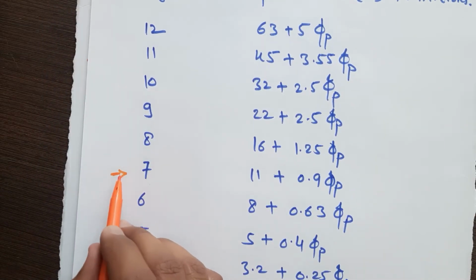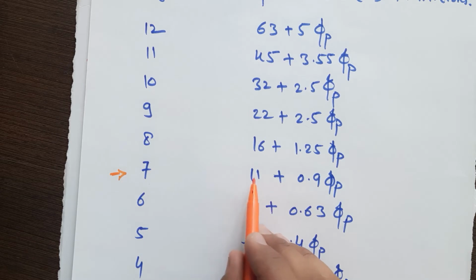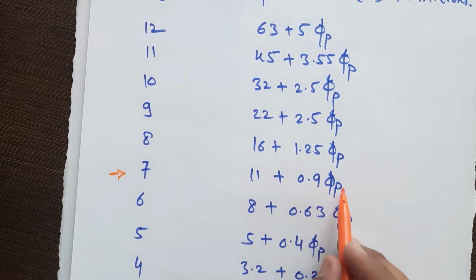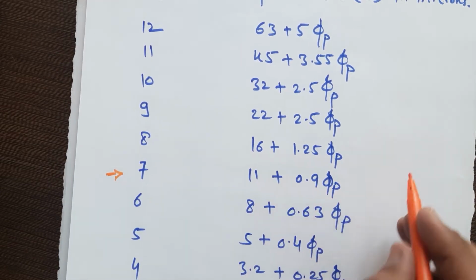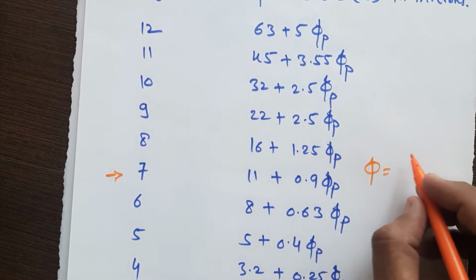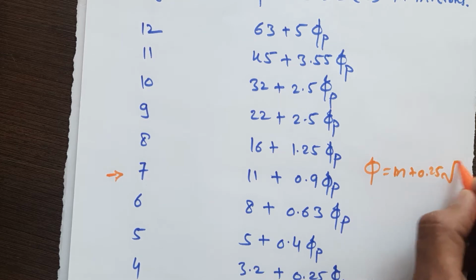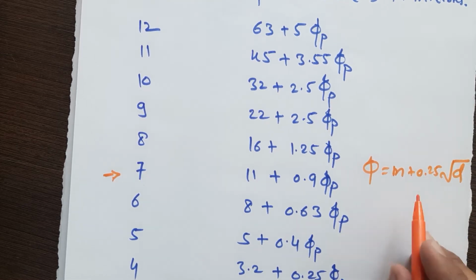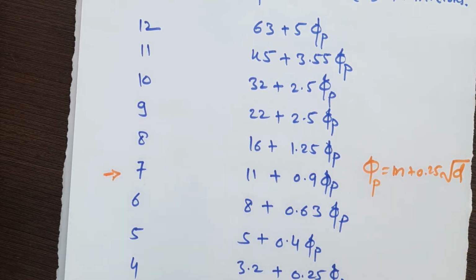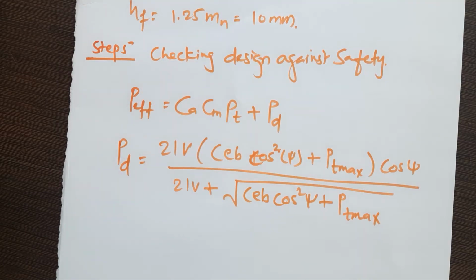So for IT grade 7, the formula for pitch error will be 11 plus 0.9 of phi p, where phi p is nothing but m plus 0.25 under root d. This is the tolerance factor, so we will use this formula to calculate.